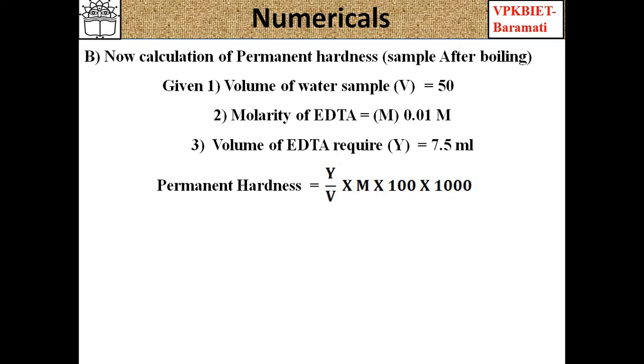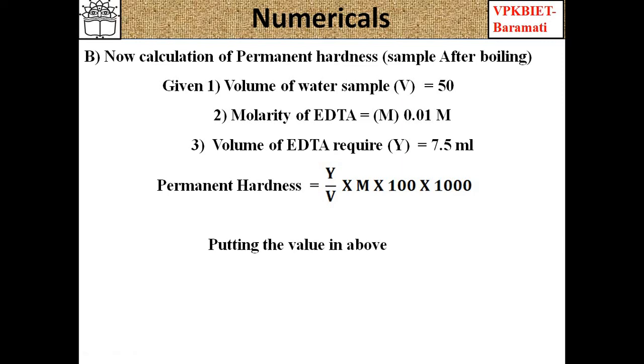Again here Y is the volume of EDTA required, V is the volume of water sample taken, M is the molarity of EDTA, 100 is the multiplying factor for conversion into CaCO3 equivalent, and 1000 is for the 1 liter water sample, for the conversion into ppm.